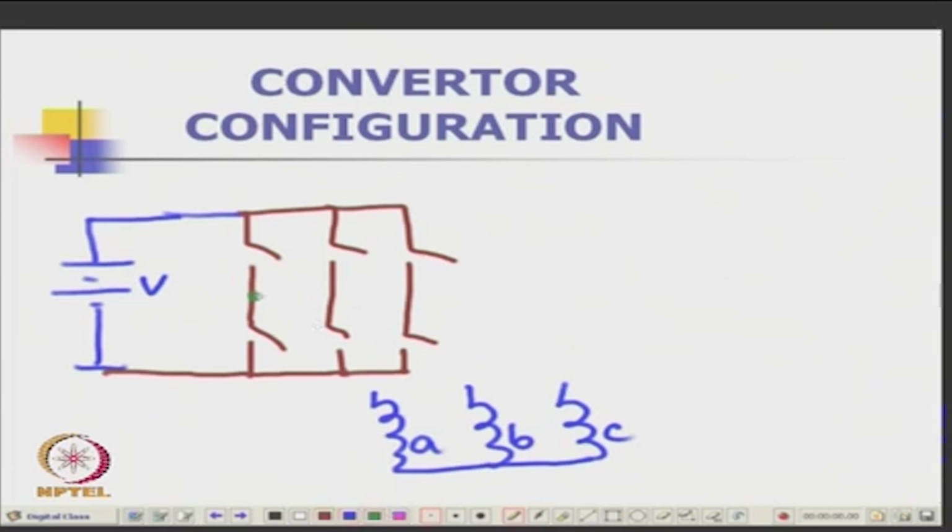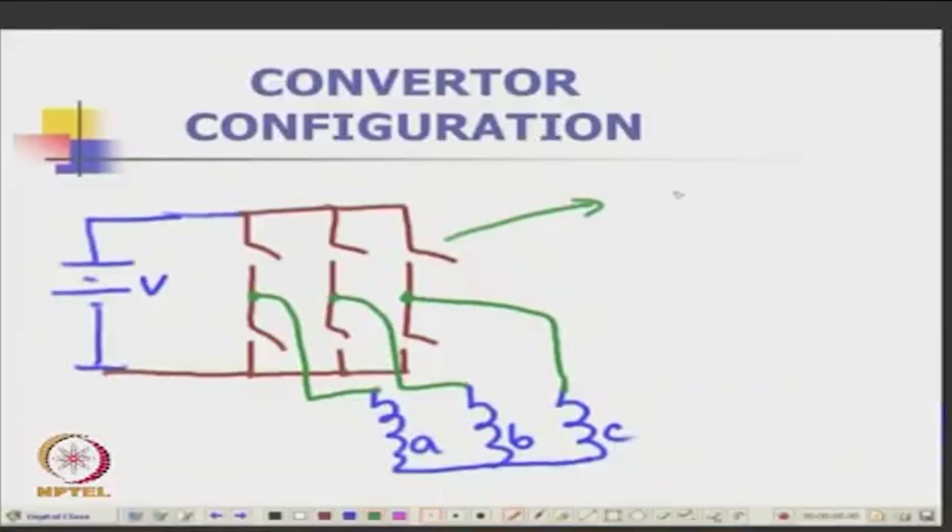And you connect to the ABC like this, right. So, at any instant how many switches will be operating? One from the top and one from the bottom, is not it? So, and these switches we said it will be a typical transistor.